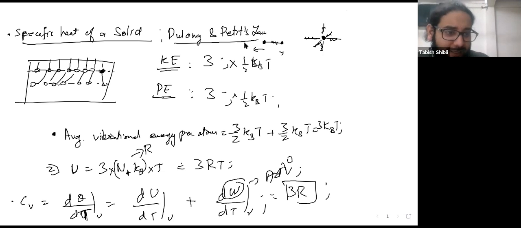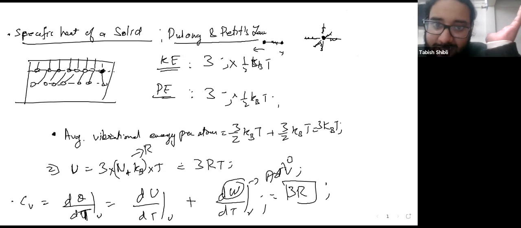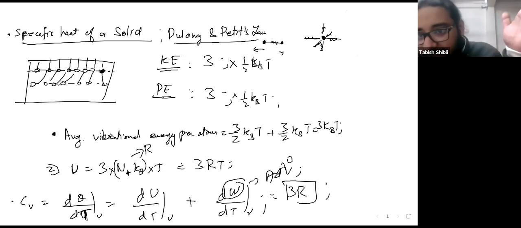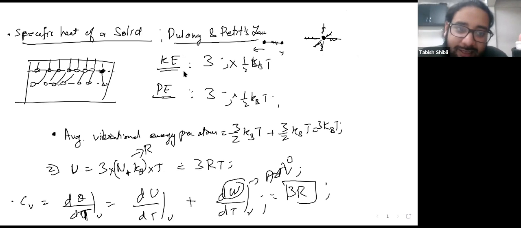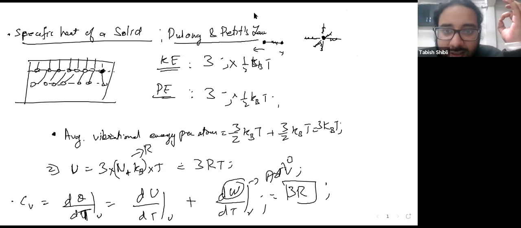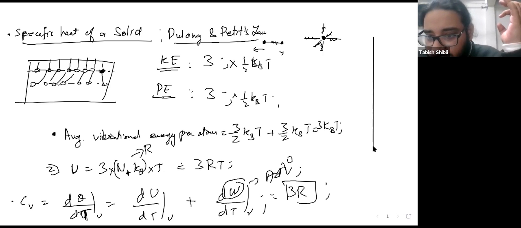But you might be interested in asking what actually happens if we go ahead and measure the specific heat of a solid in a lab. How does that look? Actually that looks very, very interesting. I'll just show it to you. I'm plotting it now.